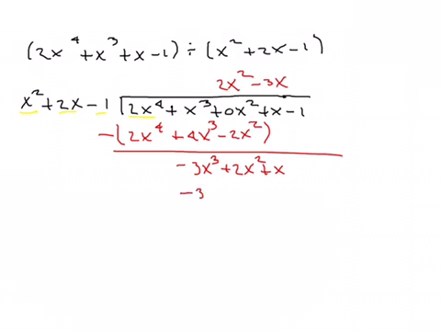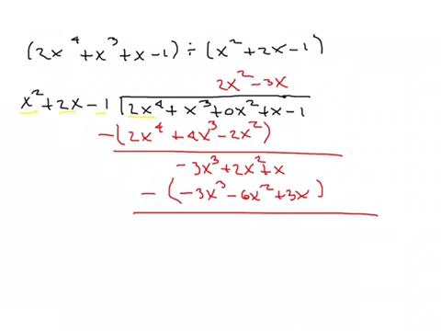Negative 3x cubed minus 6x squared plus 3x. Let's make sure that's right. Okay, don't forget, we subtract those two polynomials from each other, being very careful of sign.